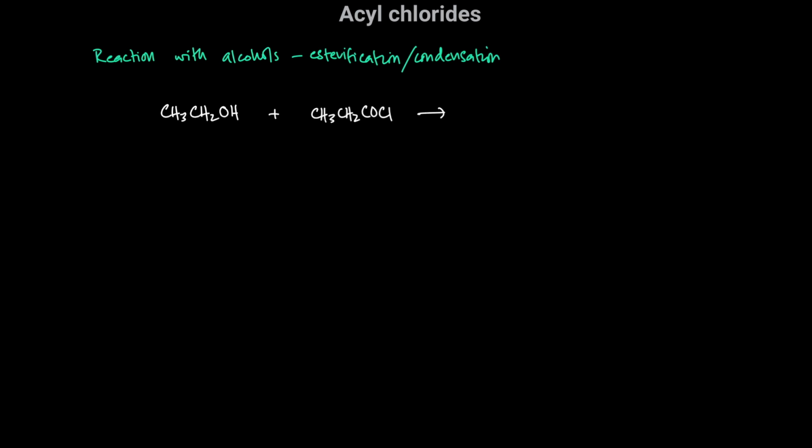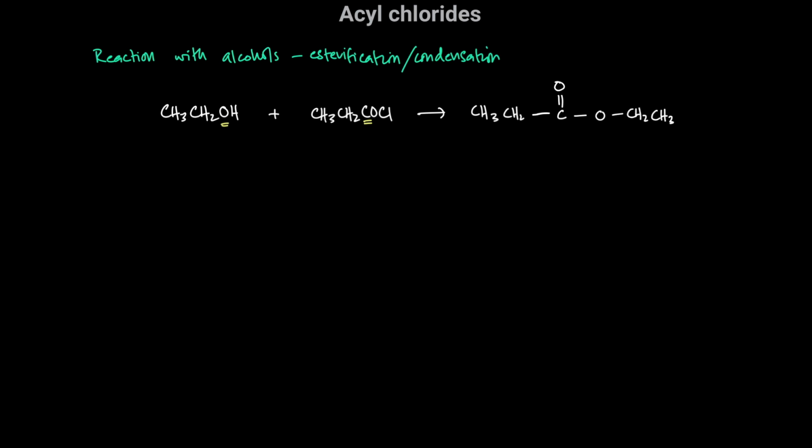We have CH3, CH2, C double bond O. This C double bond O is from the acyl chloride, which loses the chlorine, and this carbon bonds to this oxygen to form the ester linkage. So we have this carbon bonded to this oxygen, which is bonded to a CH2, CH3.